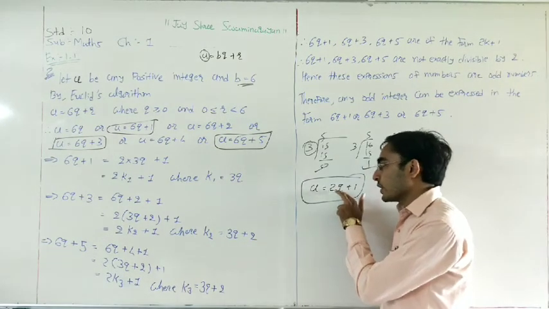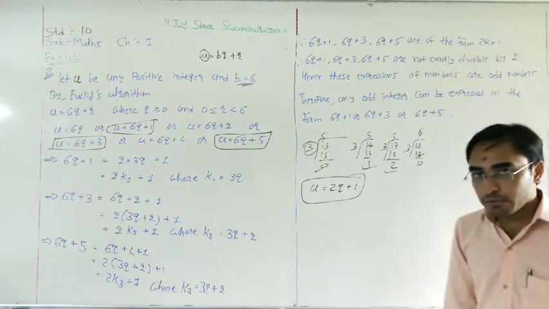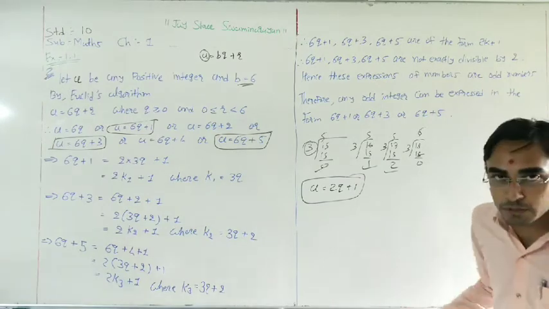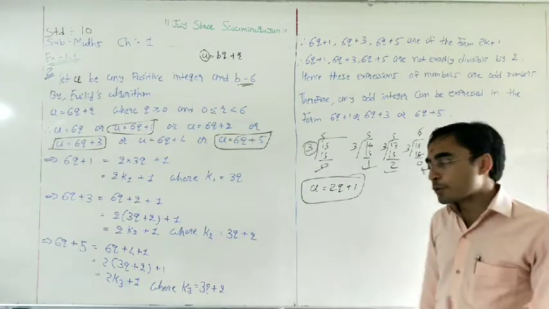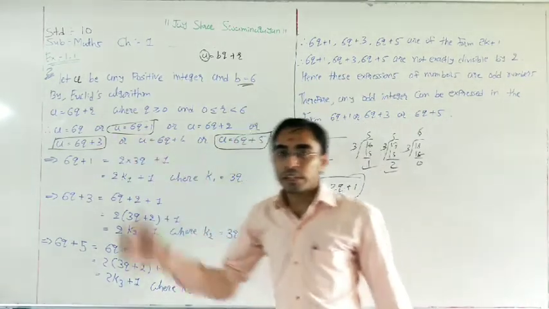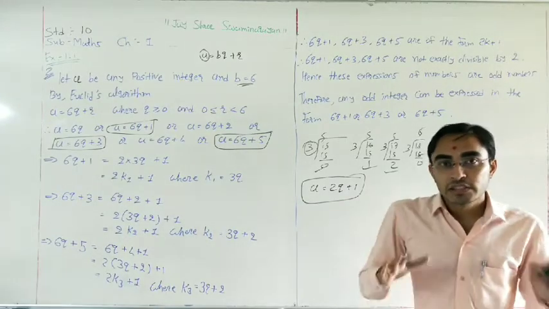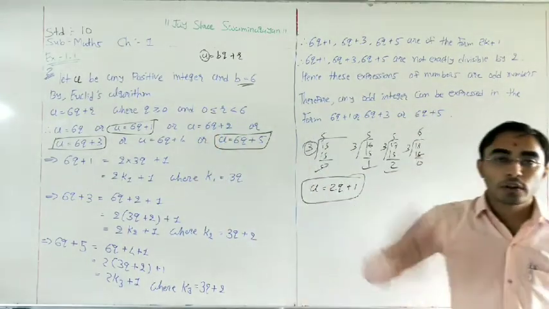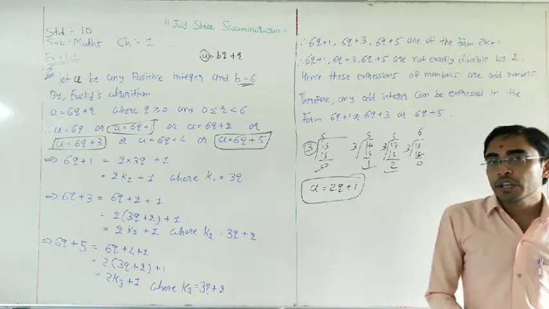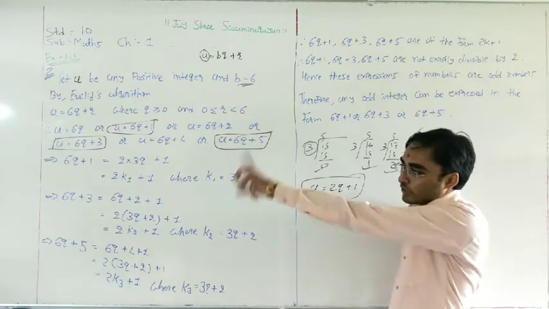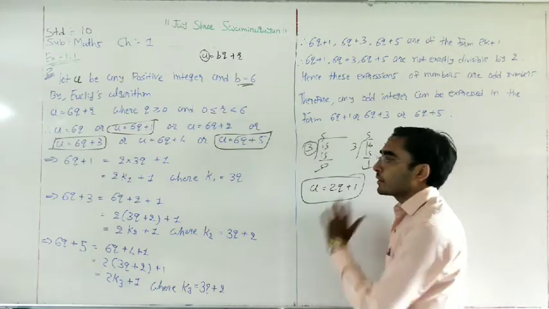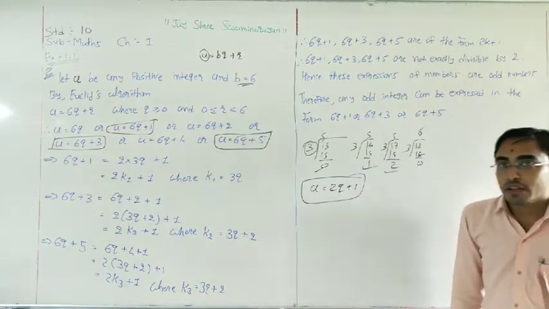If you multiply any number with 2, you always get an even number, and even number plus 1 is always an odd number. So this is the standard form, 2q plus 1. If you prove that these three possibilities are in the form of 2q plus 1, then you can say that these three are the odd numbers. So you need to prove that these three possibilities are equal to 2q plus 1, the standard form for odd integers.